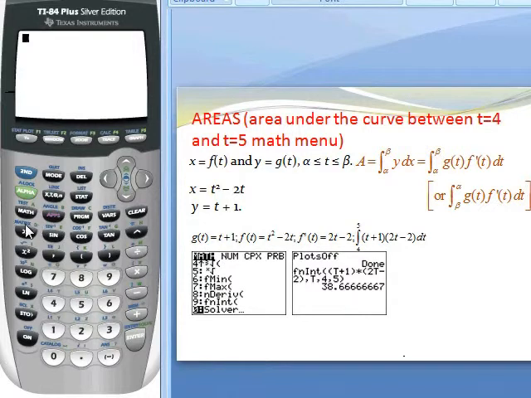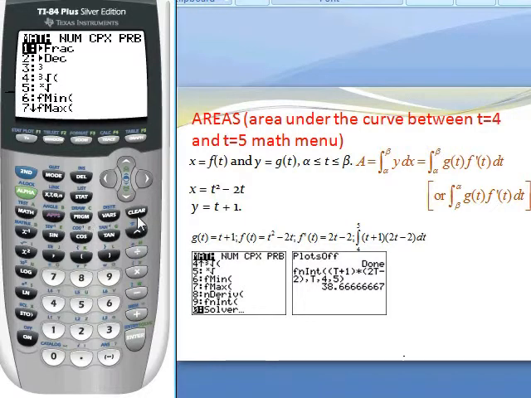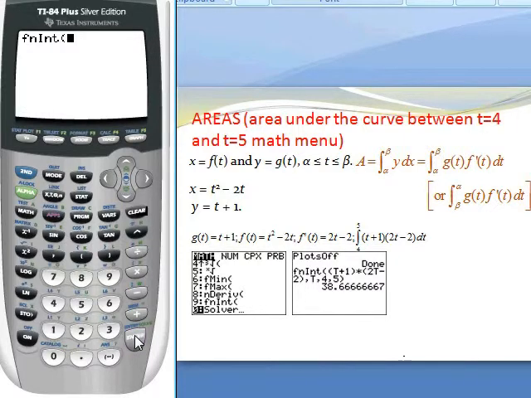You can actually go and do that using something under the math. Now, let me show you. You can go math, and if you scroll down, you can use something called function integral. So you can push that, and you can say, well, I'm going to look at this integral.